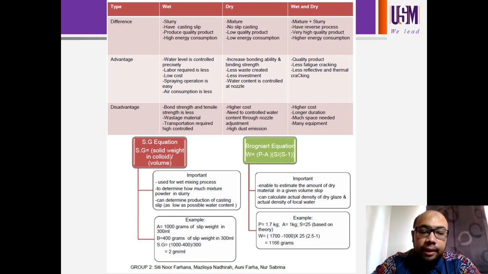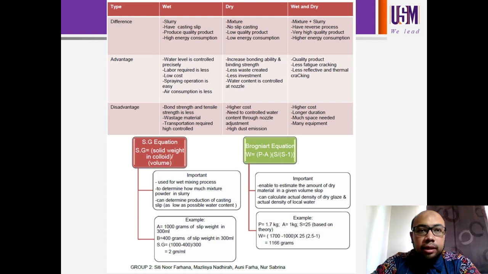For the wet mixing method, you can imagine when you deal with the slurry, of course, the production process becomes messy. Messy, that's dirty. The slip is easy to drop on the floor, and you produce a lot of wastage materials.